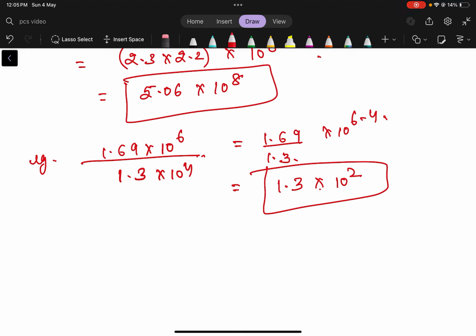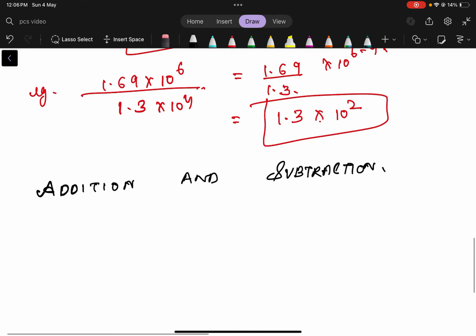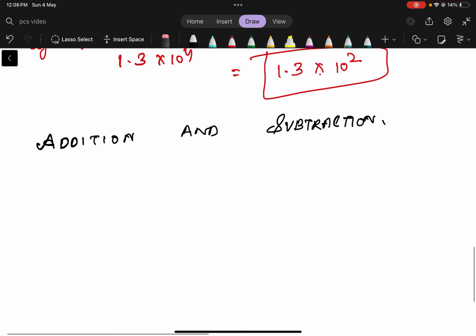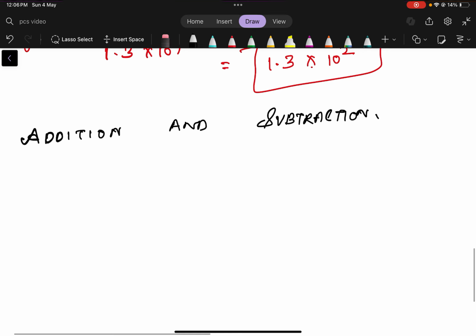Now let's look at the second option, that is addition and subtraction. For addition and subtraction, the exponents must be the same, right?